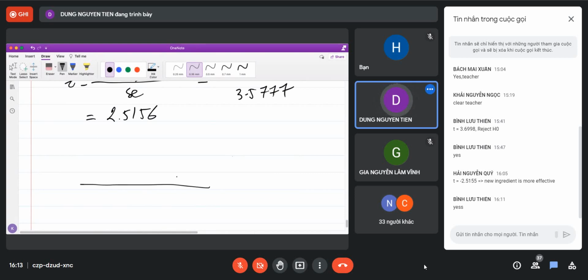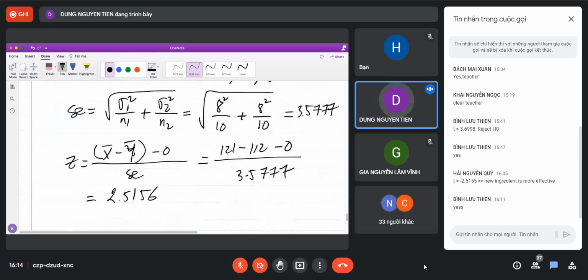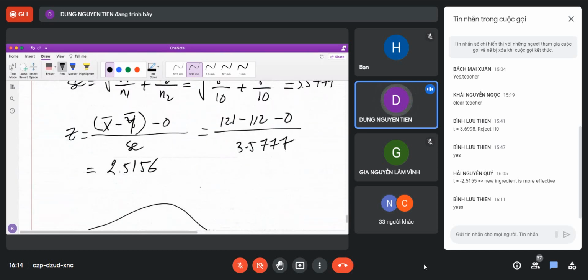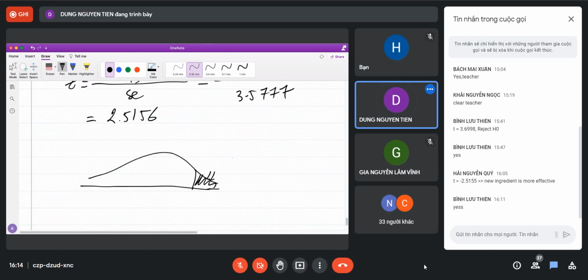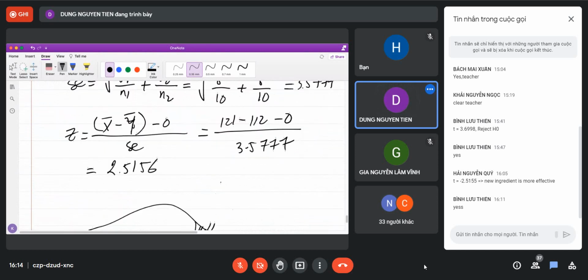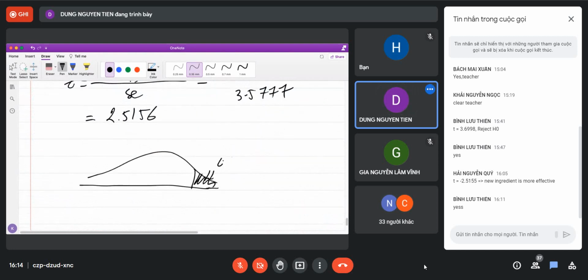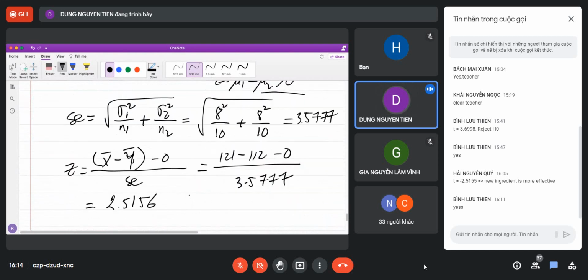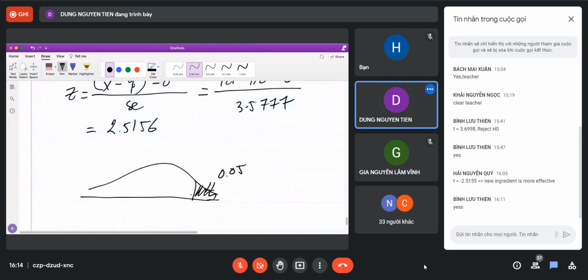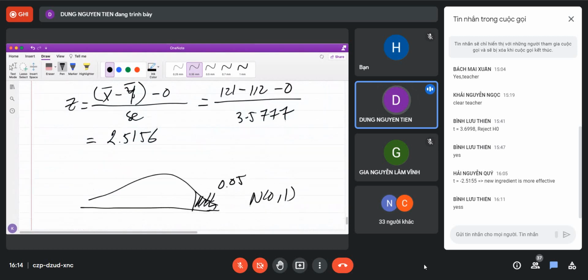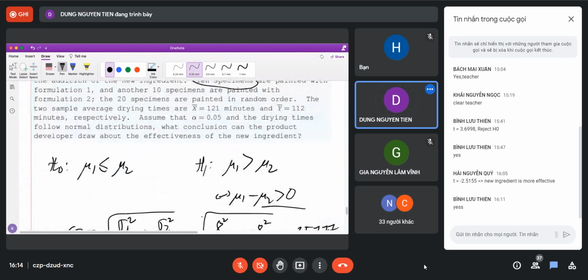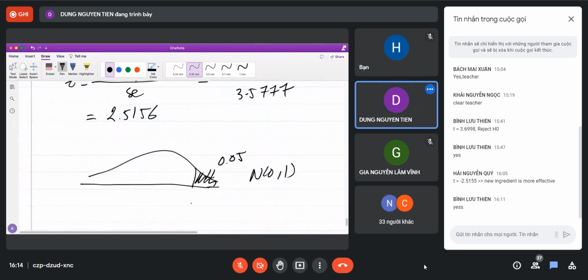Okay, so you can draw the graph here, and you will reject the null hypothesis if z is too big, right? Over here, that is too big, and then you get 5%, 0.05, and then you come up with the standard normal distribution, and this point is 1.64, right?